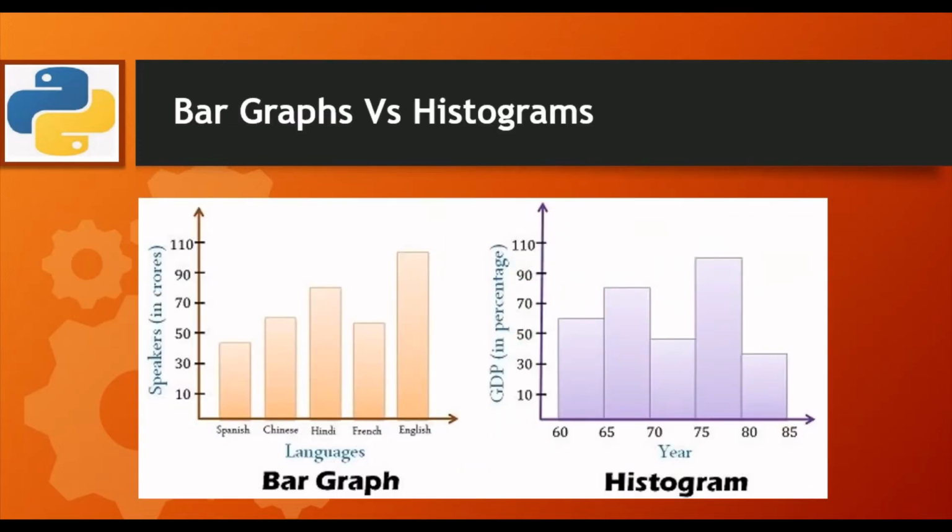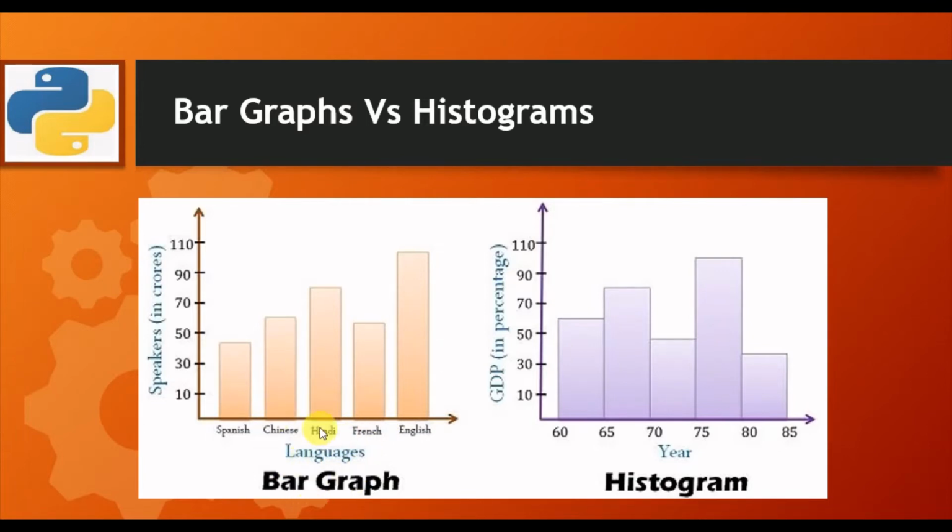The next one is the bar graphs and histograms. So this slide basically shows the difference between the bar graph and the histogram. As you can see, the bar graph is used to compare various variables.